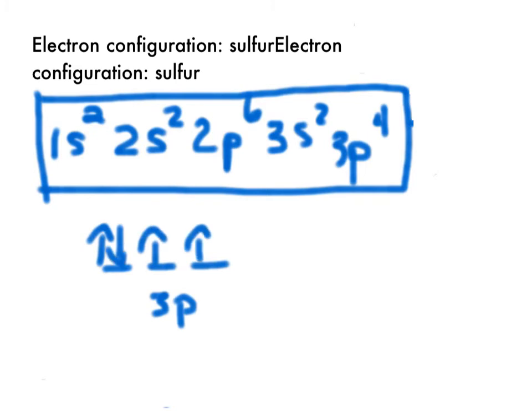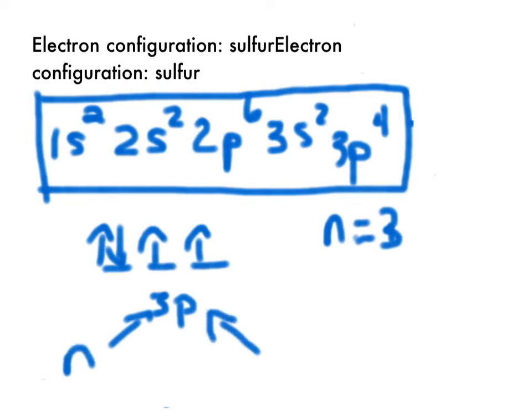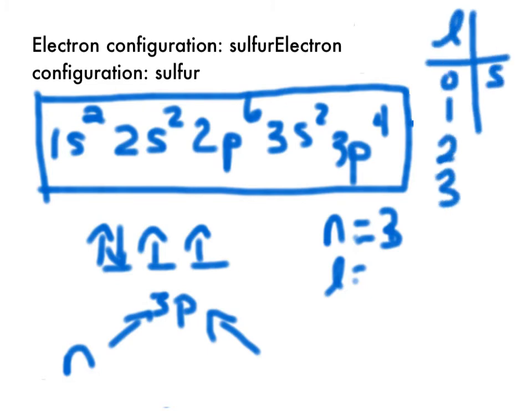Alright, so that means that N is going to be 3, because we get it from right there. Our L comes from the P value. So remember, we have that L can be 0, 1, 2, or 3, which is S, P, D, or F. So P is 1.